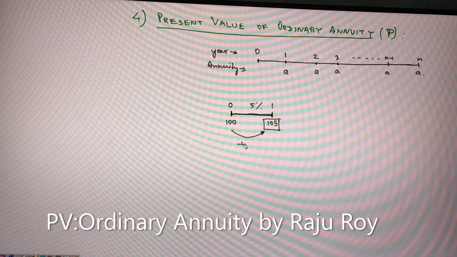Here I know neither value in the other direction, so what you are doing is multiplying 100 by 1.05. 100 into 1.05 gives me 105.